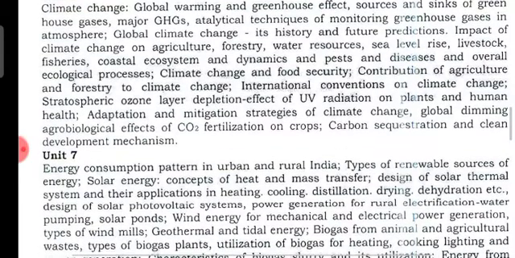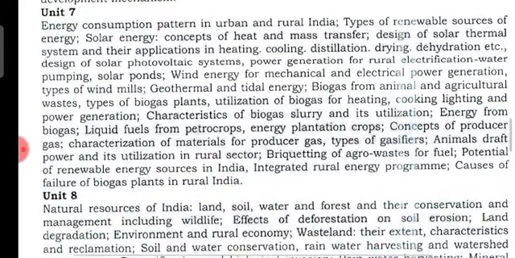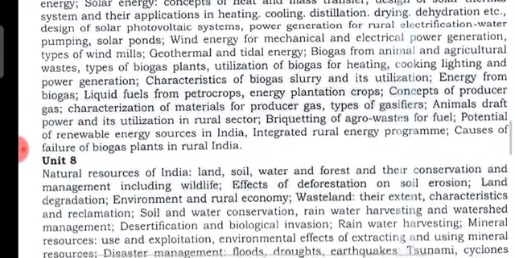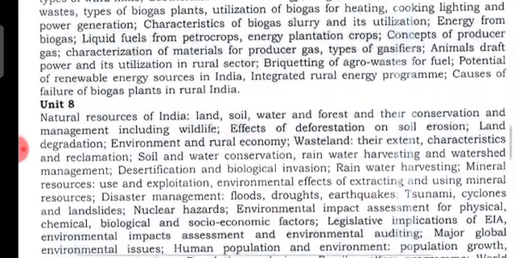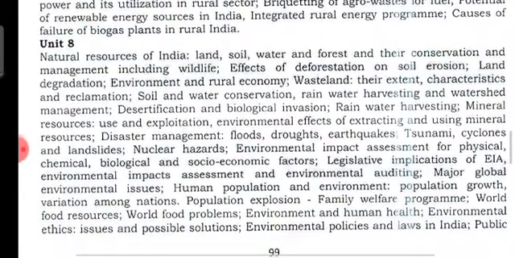Next is the unit on energy consumption pattern, renewable sources, biogases, the characteristics of biogases, liquid fuels, and so on.